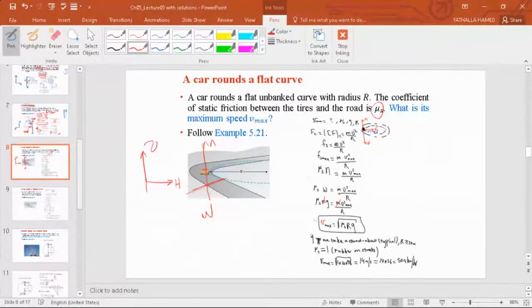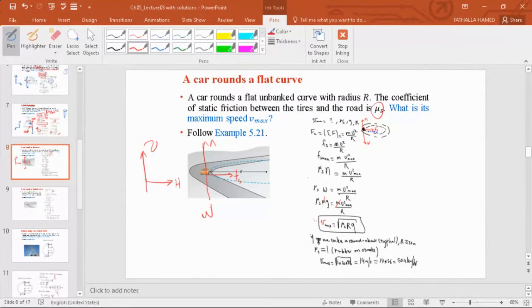There must be something doing that. What's keeping the car on the track is the attraction between the tires and the road, and this attraction is coming from friction. In this case, it is static friction. So the static friction is causing the car to go on the circular track.